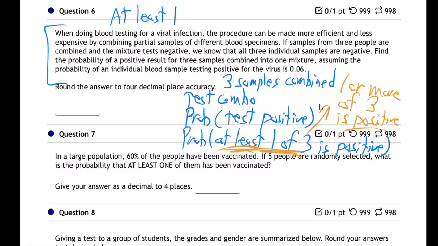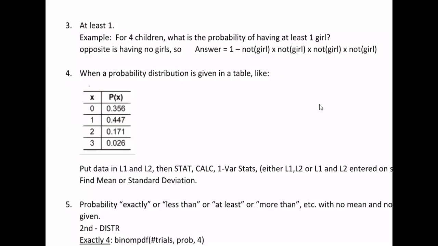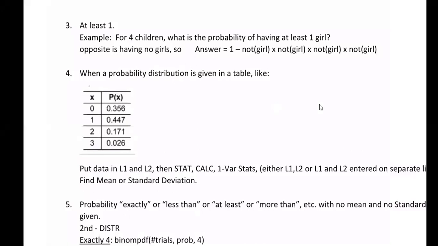Let's go back to the notes in case you're unclear. Exam 2 notes. At least one. So what do you do for at least one? For 4 children, what's the probability of having at least one girl? You say the answer is going to be 1 minus not girl times not girl times not girl times not girl. So you do 1 minus the opposite, right?